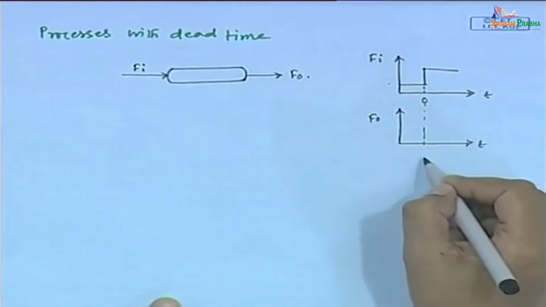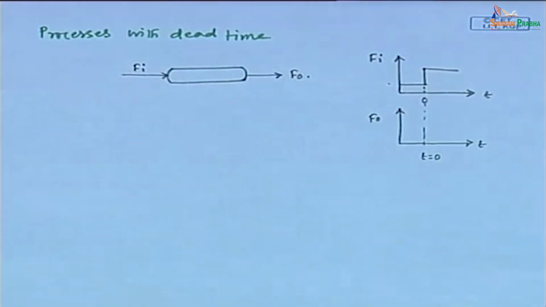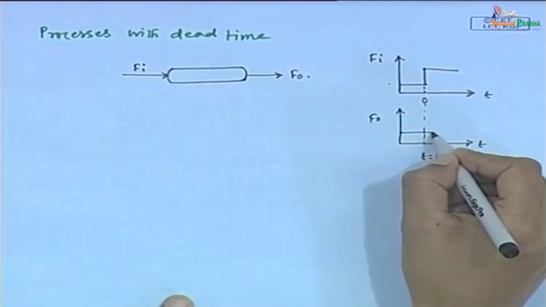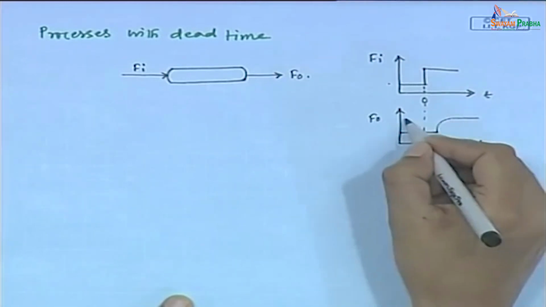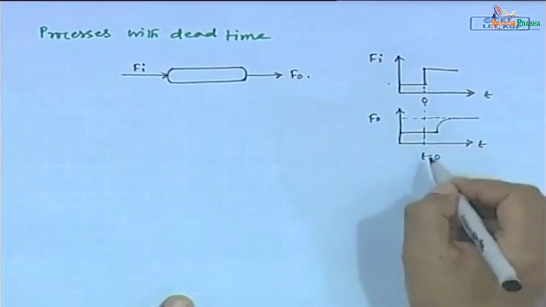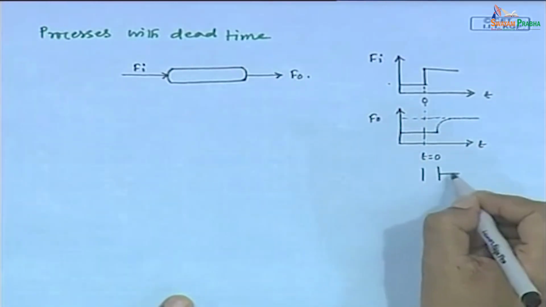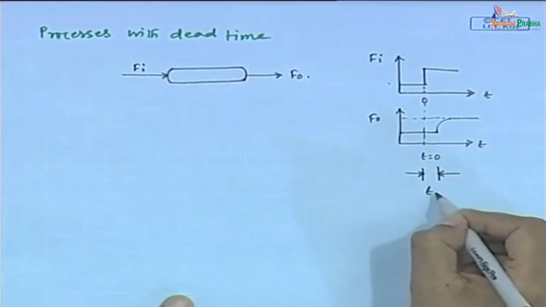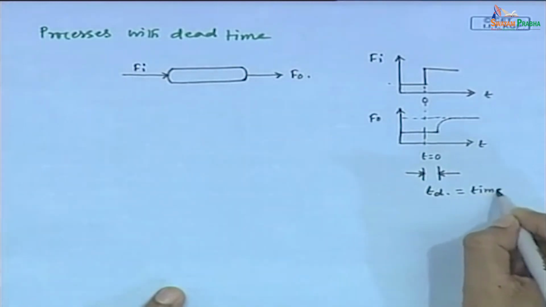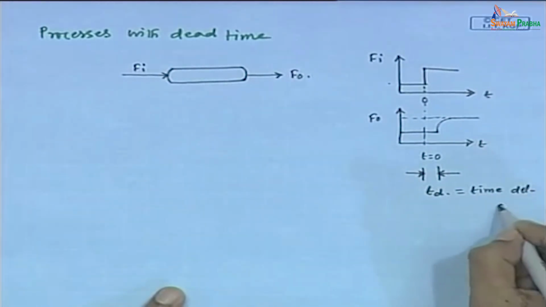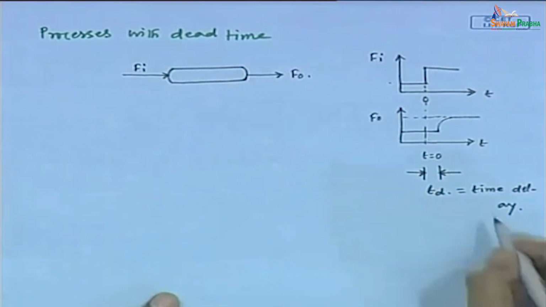This is suppose representing time t equals 0. F naught changes after a time duration of Td. Fine. This Td is the time delay.